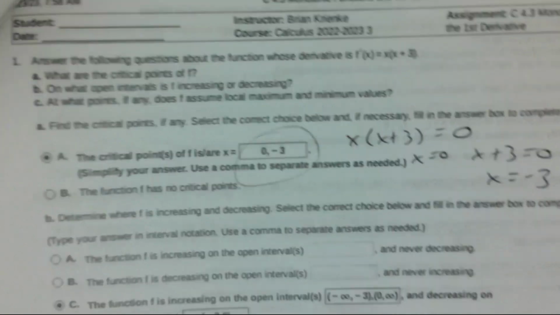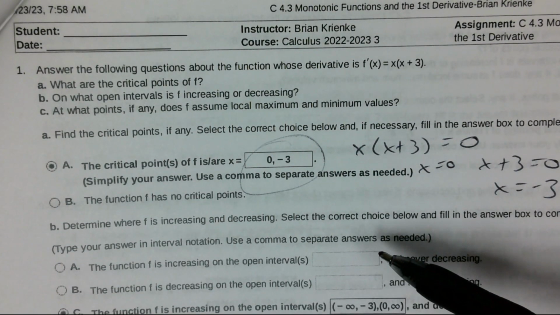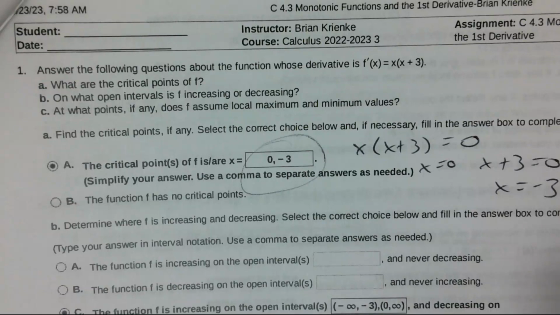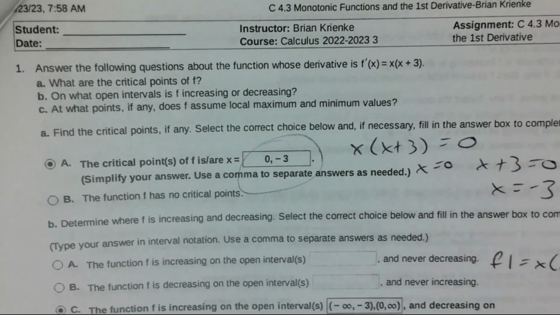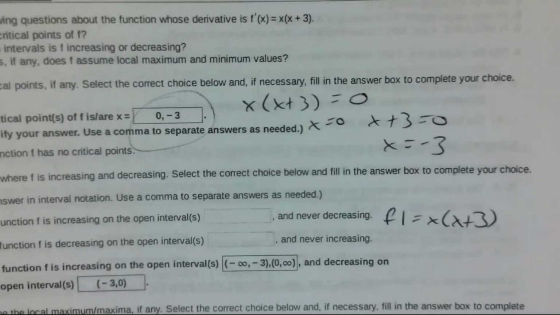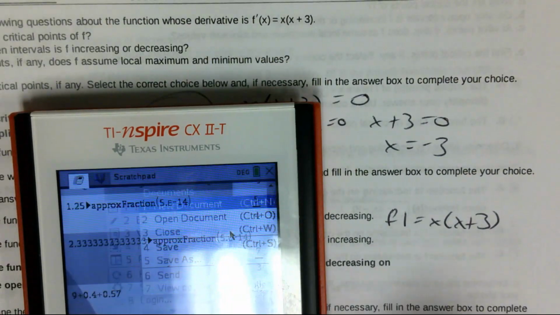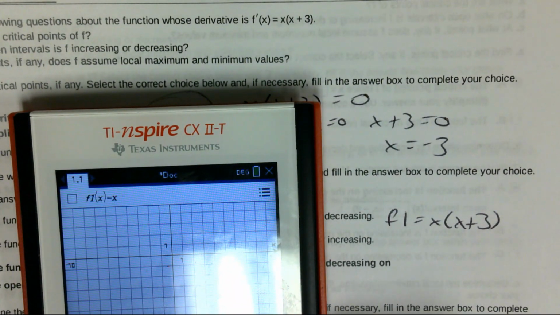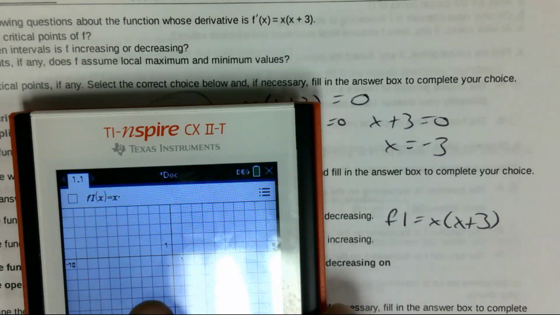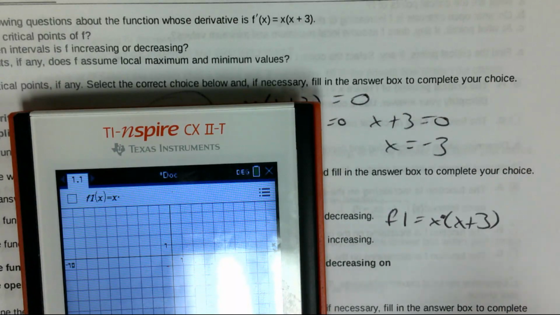Now, we would also need to determine whether it's increasing and decreasing. And so let's graph it. You'd say function 1 is x times x plus 3. You remember to put a dot there, because otherwise it'll give an error message.